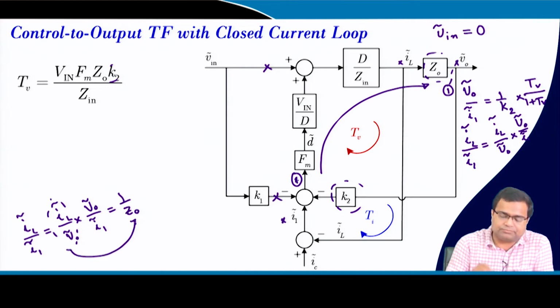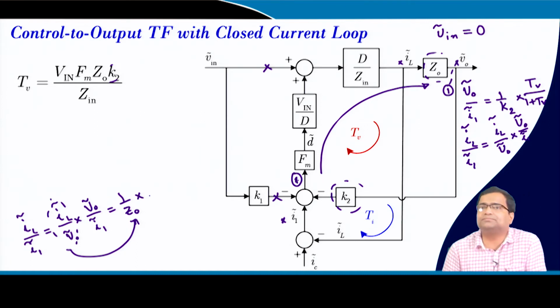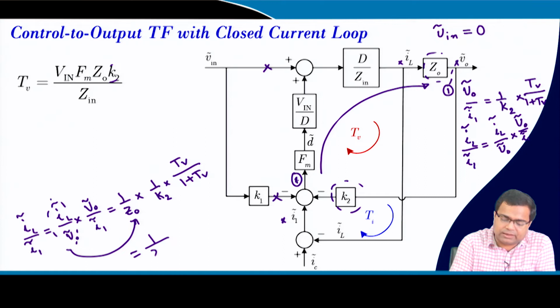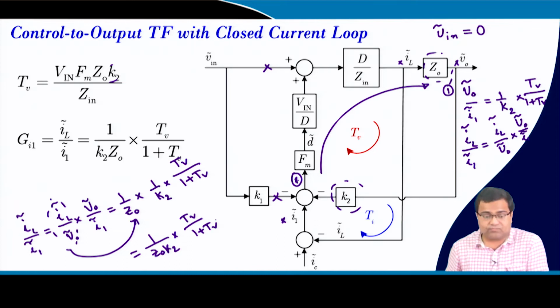So, this is the term. Then multiplied by what is V0 to I1? This we already saw, it is 1 by K2 into TV plus 1 plus TV, right. So, it will become 1 by Z0 K2 into TV plus 1 by TV. So, this is the expression.